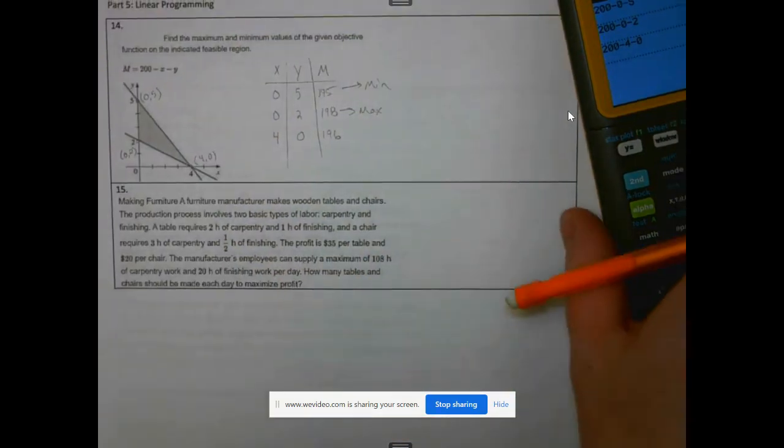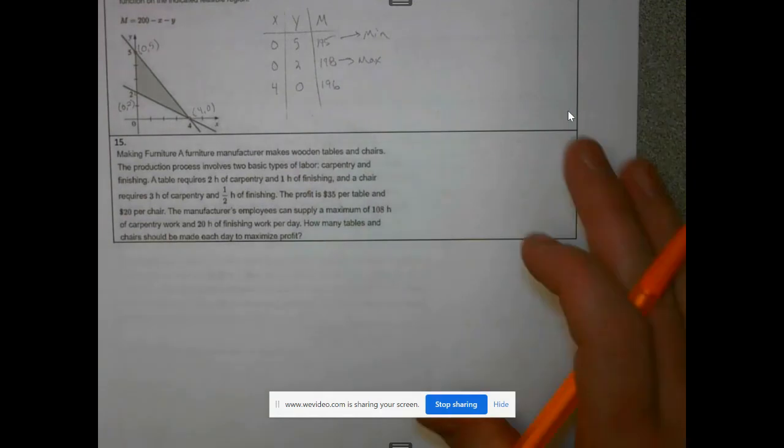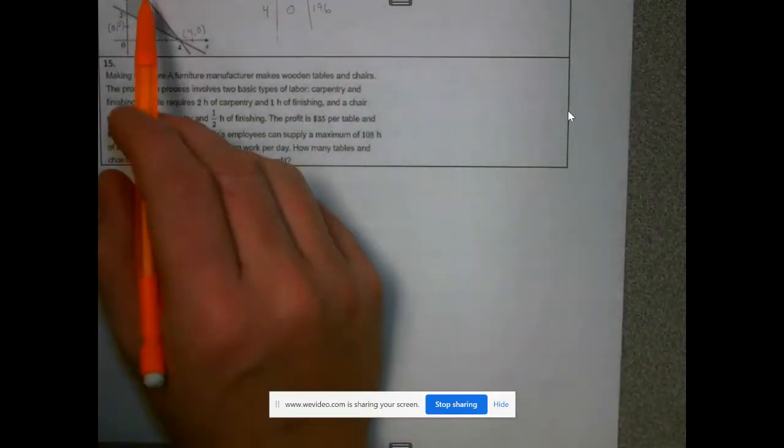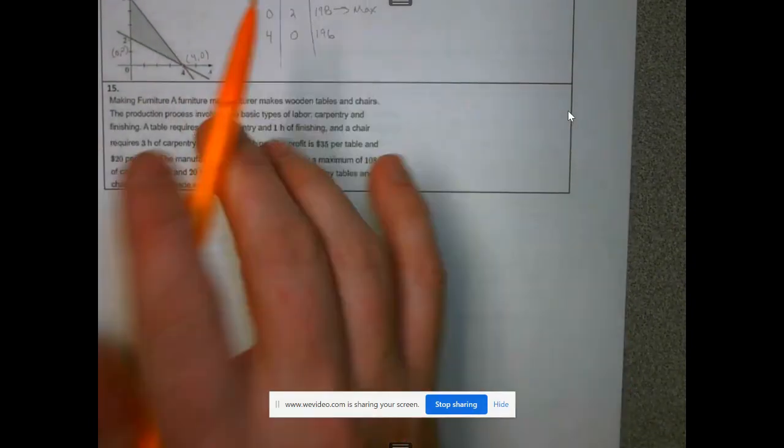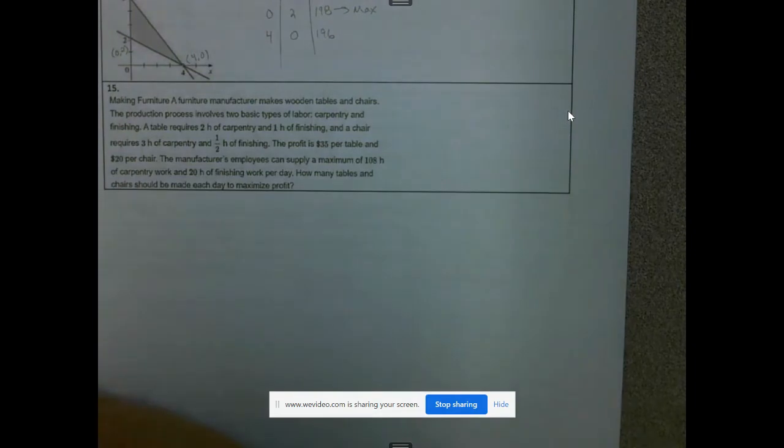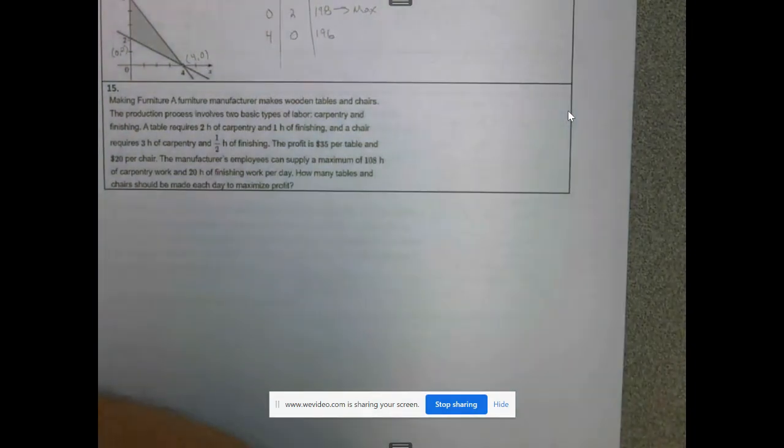Okay, so here's a full-on word problem with this. So we have to graph and find our feasible region before we can test the values. So making furniture, a furniture manufacturer makes wooden tables and chairs.